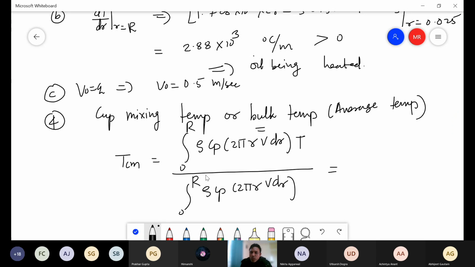So this is averaged over all these variables. This is something called a cup mixing temperature. Is it clear?